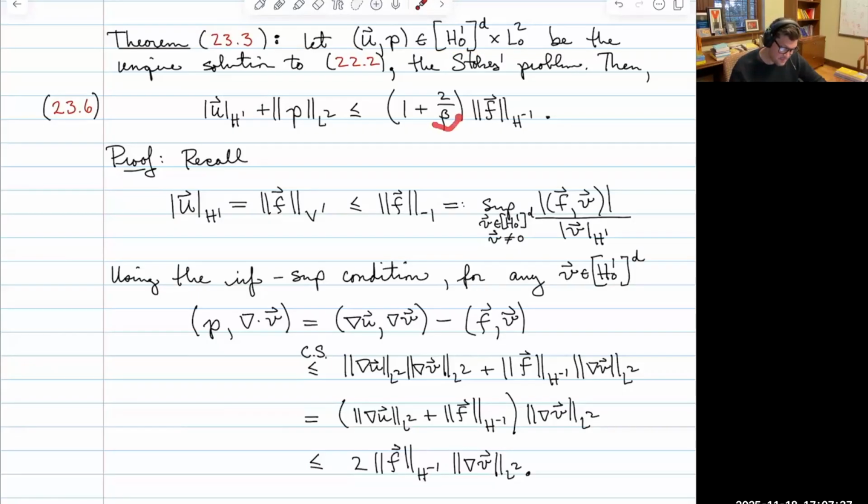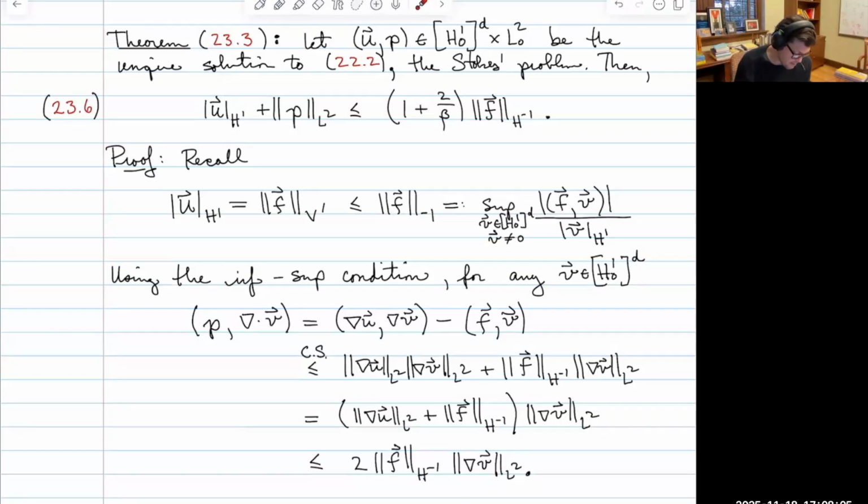So this is the beta from the Inf-Sup condition. We want to prove that the H1 seminorm of u plus the L2 norm of p is less than a constant times the H minus 1 full norm of f. This is the so-called operator norm. How would we define the operator norm? We'll get right to that in a moment.